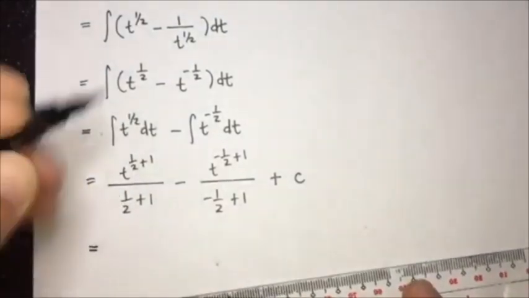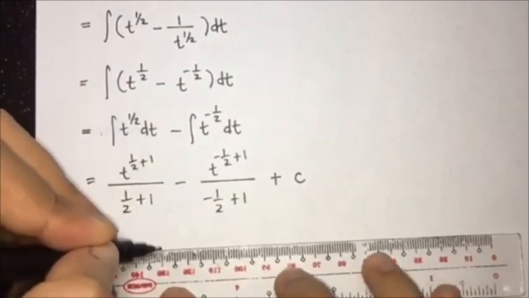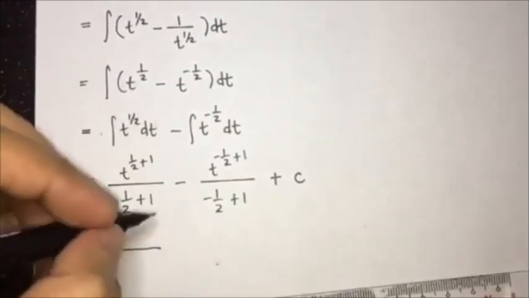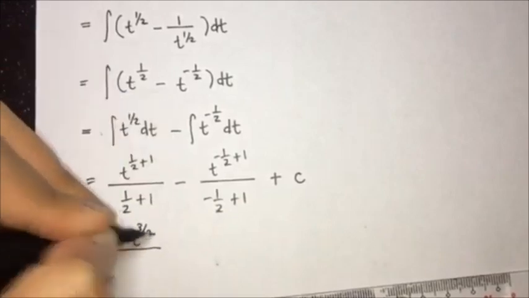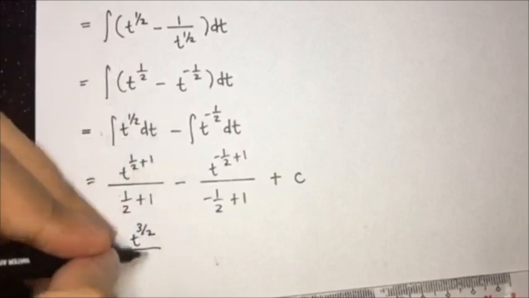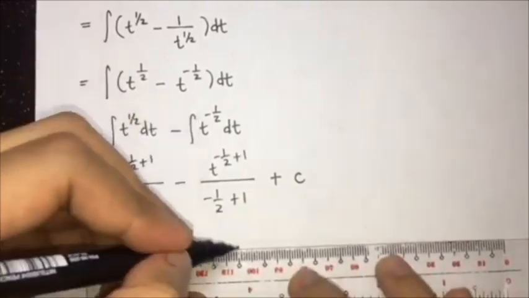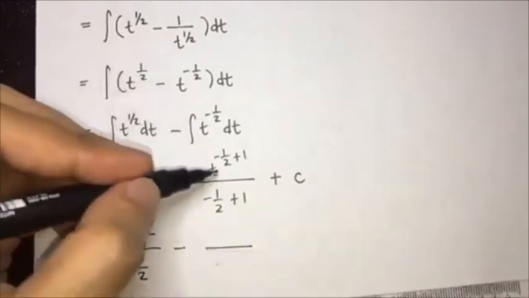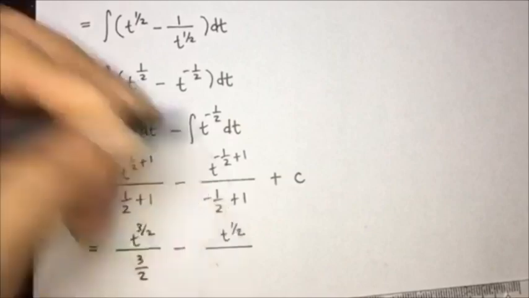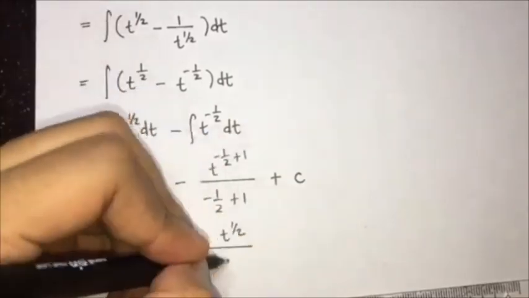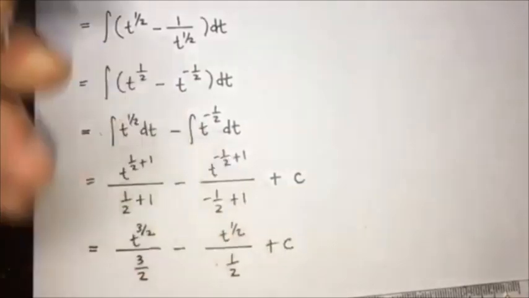So this will become t raised to 1 half plus 1, that is 3 halves, over 1 half plus 1, that is 3 halves, minus t raised to negative 1 half plus 1, so that is t raised to 1 half, over negative 1 half plus 1, that is 1 half, plus c.